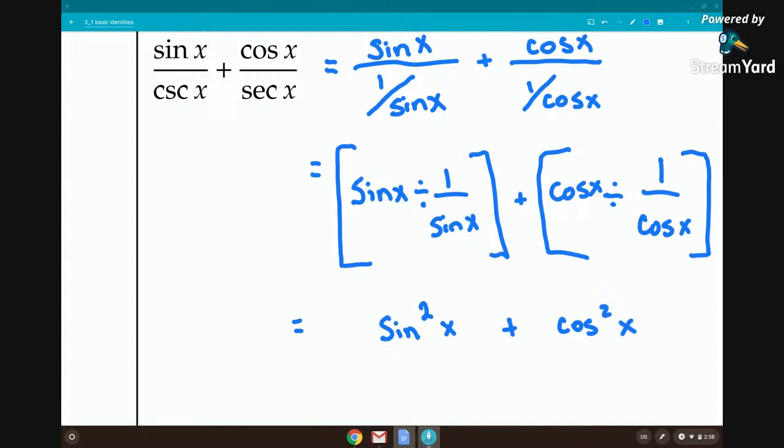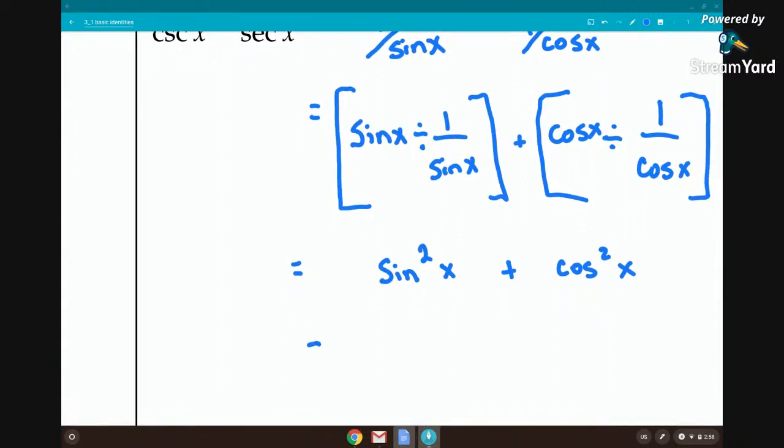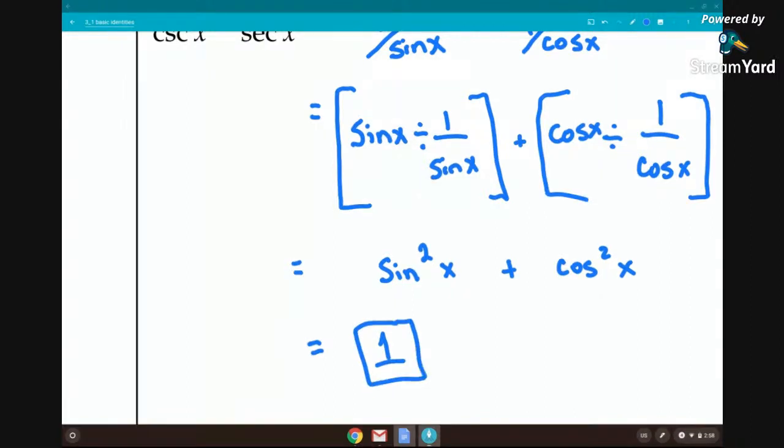And you might say, well, those aren't like terms. I'm done. Well, I ask you now to refer to your Pythagorean identities, which say that sine squared of an angle plus cosine squared of that same angle makes 1, which if we can condense these two trig functions to the number 1, definitely simpler. So by the Pythagorean identity, this expression simplifies to 1, right?